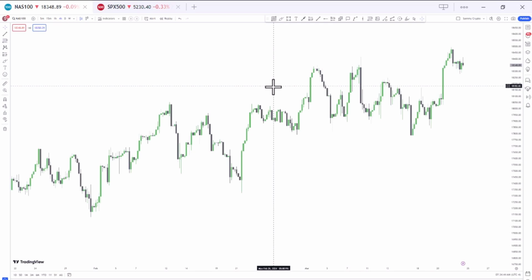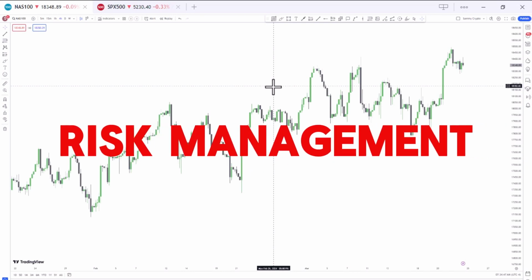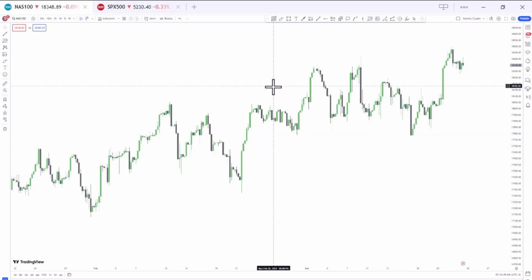So first, we're going to be talking about risk management. I know when people hear the term risk management, they feel risk management is using a small lot size or risking small, but that's not the case. Risk management is understanding your risk. Are you satisfied with that risk? Are you able to take that loss without feeling anything?